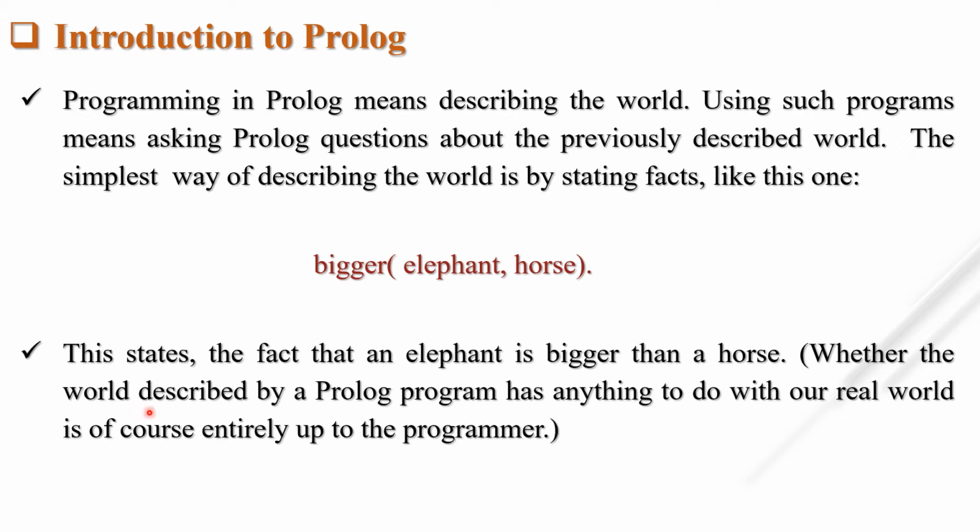Whether the world described by a Prolog program has anything to do with our real world is of course entirely up to the programmer. So we previously describe all the things in our code, and then we ask Prolog, is an elephant bigger than a horse, and it simply gives the answer yes or no.